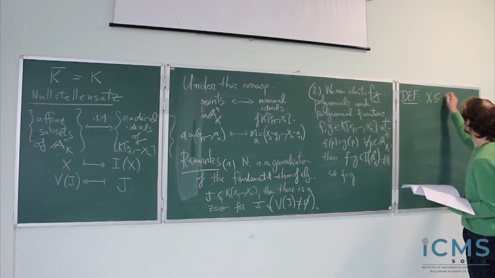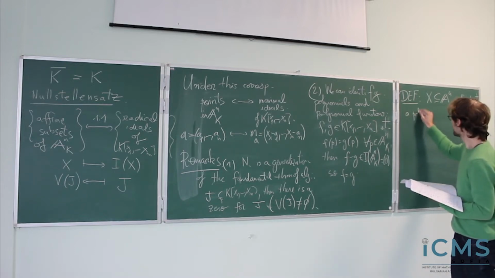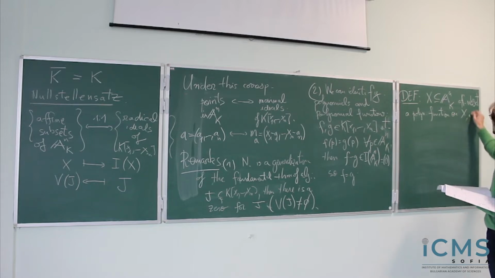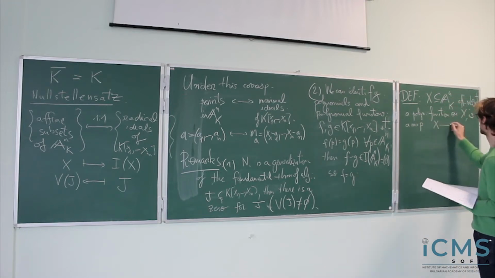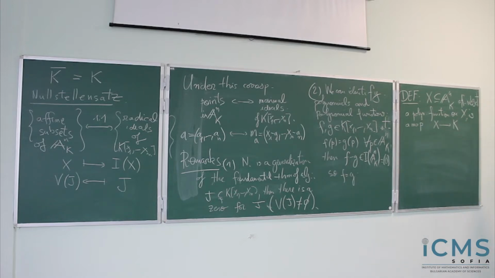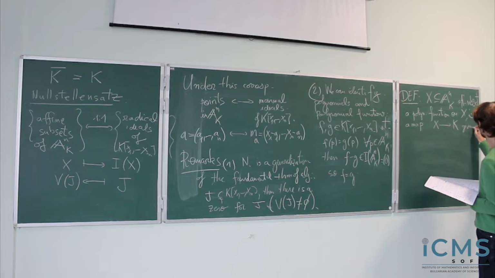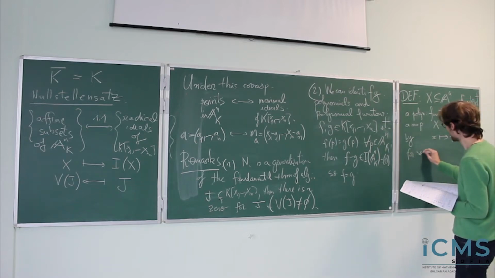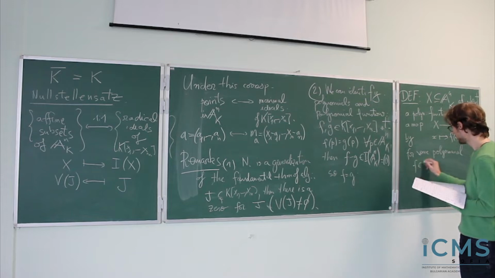Like always, our main focus will be on an affine subset X. A polynomial function on X is a map with values in K, which is always going to be the field K, given by x goes to f(x) for some polynomial f.